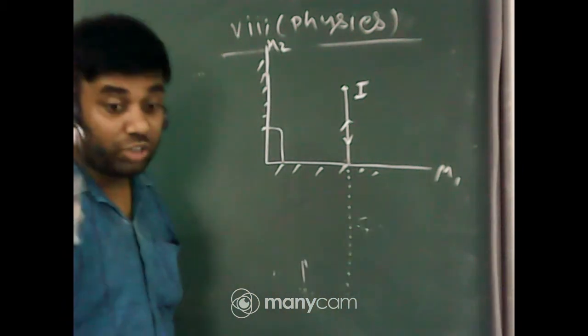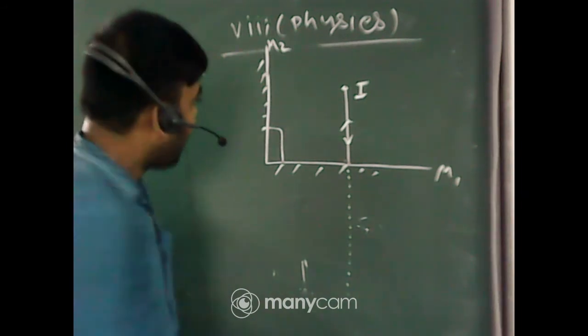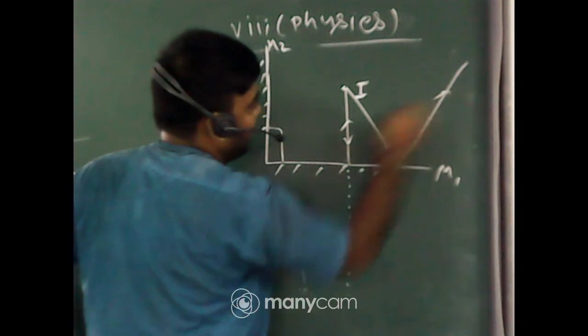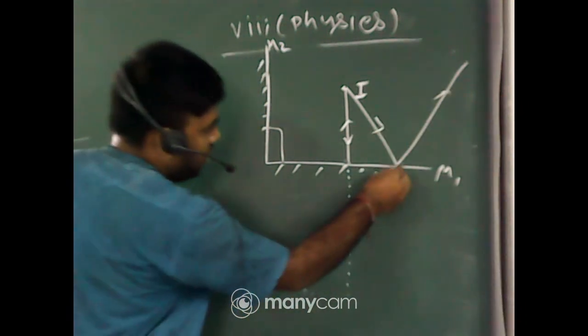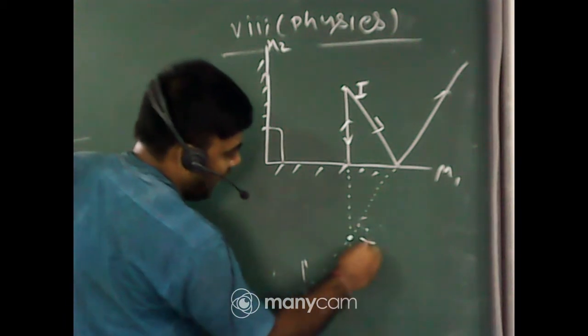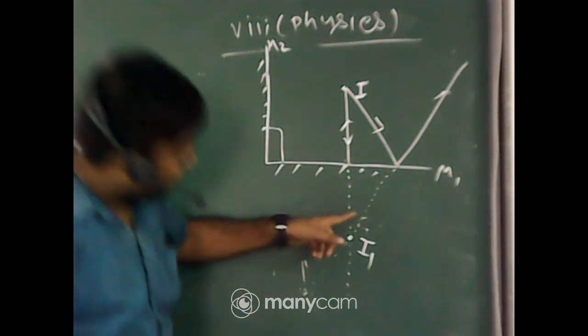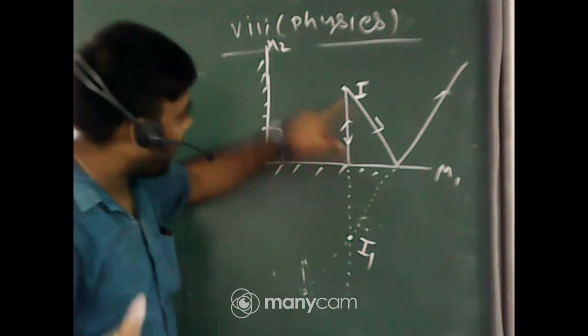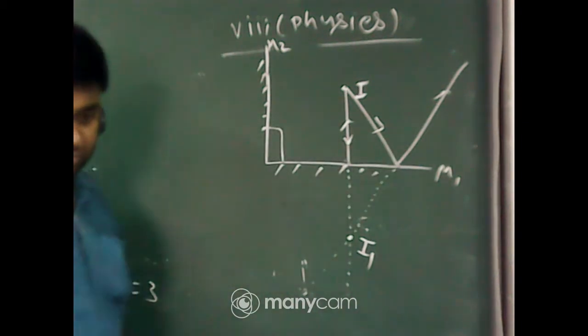Because it is a virtual image. And another ray falls and bounces back in that way, and they intersect here. So here is I1. The reflected rays intersect here, so I1 is the image of I in mirror M1. Got it, everyone, or not?